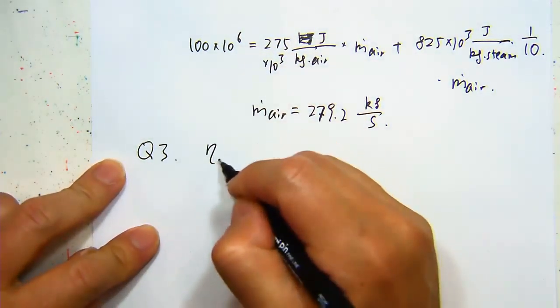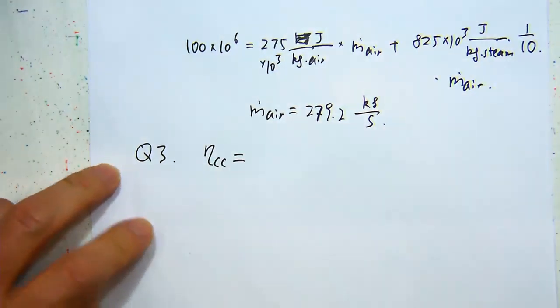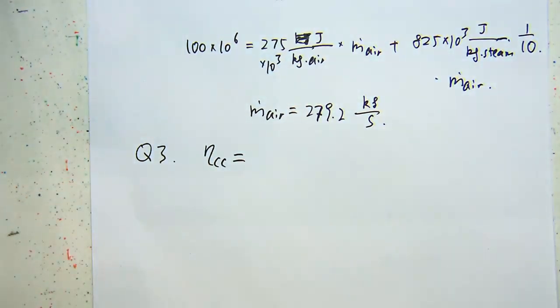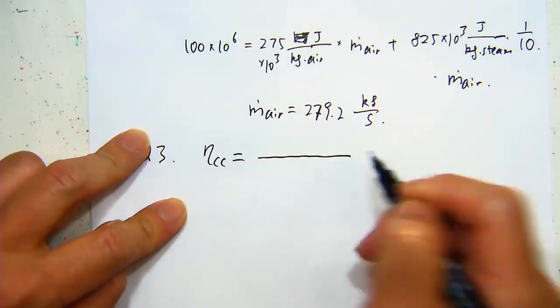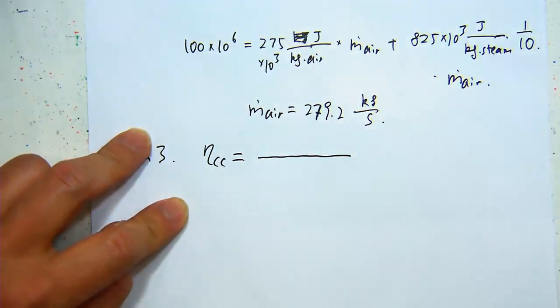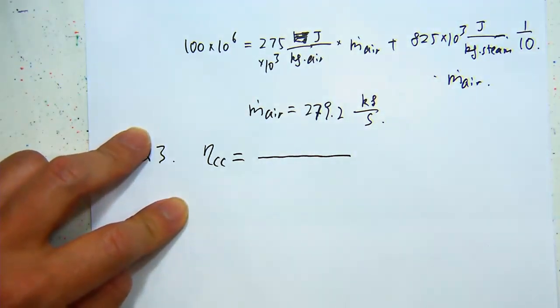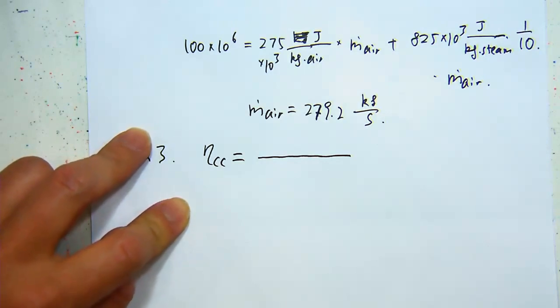So that can be calculated. So combined cycle efficiency, again, is work output or useful output, which is work in this case, and the required input.